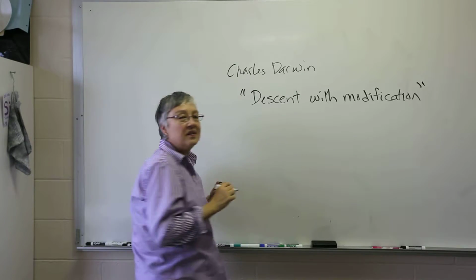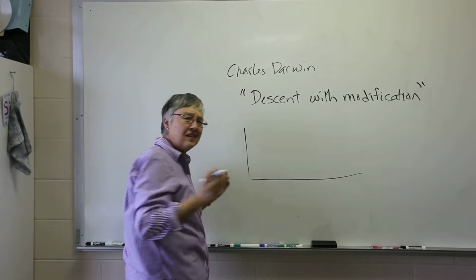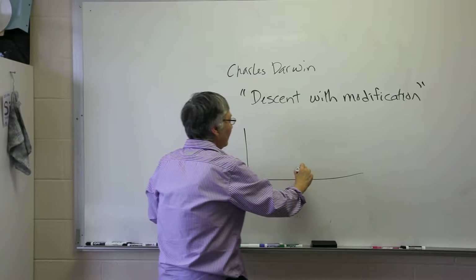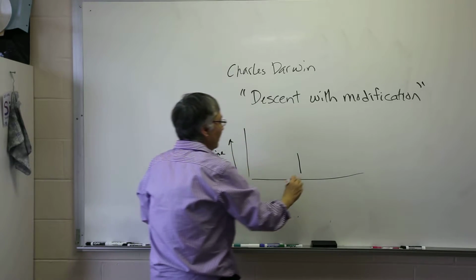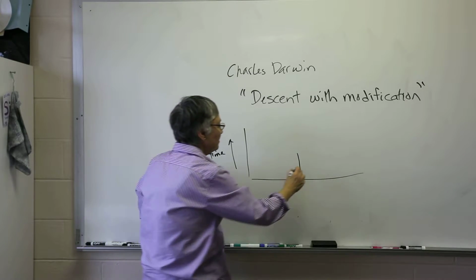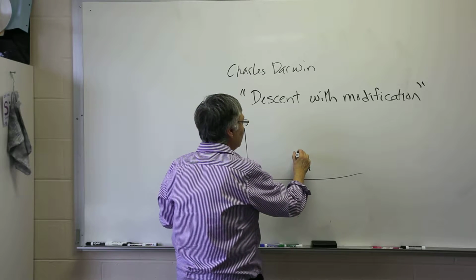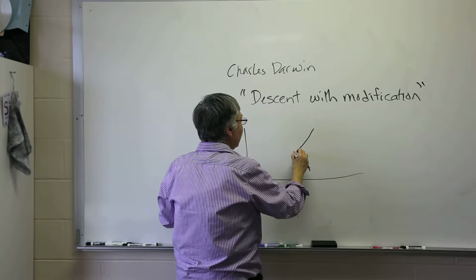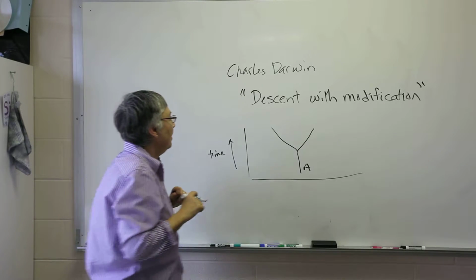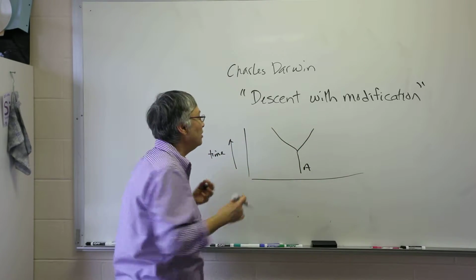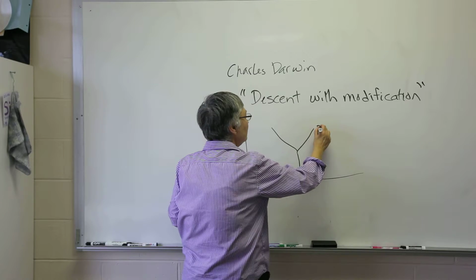And basically he illustrated this concept in a diagram, and I think I've done this before with you, but we can start with, so this is time over here, and we can start with an ancestral species, and let's just say it's species A. And over thousands and perhaps millions of years, perhaps that ancestral species, the populations for some reason separate, and over time find themselves in different environments, and therefore through natural selection become very different from the ancestral species.